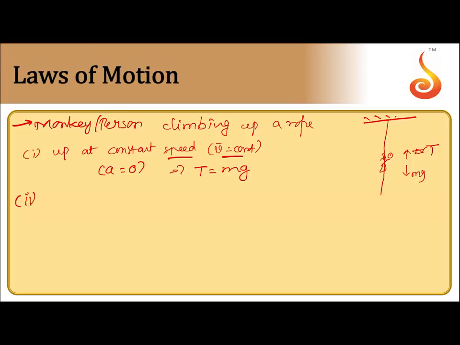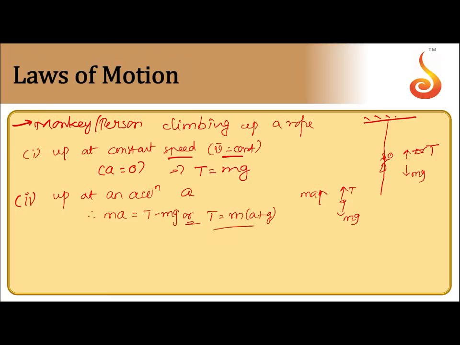Second case. This time it moves up at an acceleration a. So now what is the equation? This time mg, T and ma. So the equation becomes ma = T - mg, or T = m(g + a).